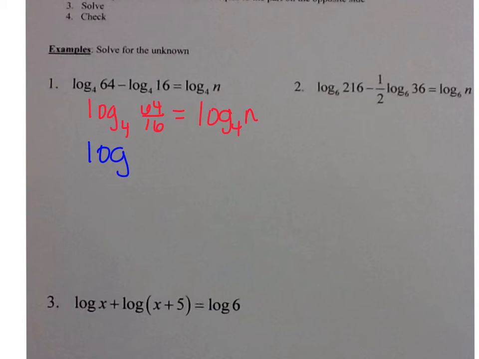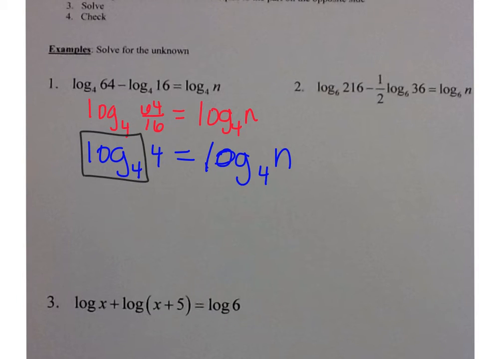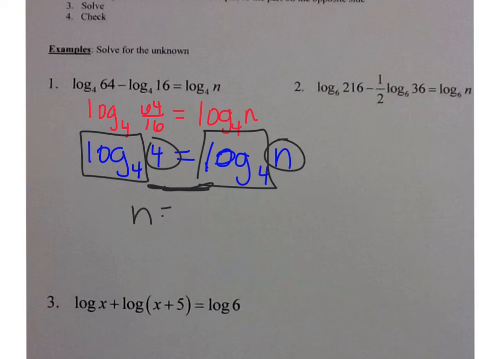So log base 4 of 64 over 16 comes out to be 4 equals log base 4 of n. So I notice that they're both log base 4, so they have to be equal to each other, so therefore n has to equal 4. All right, let's try number 2.